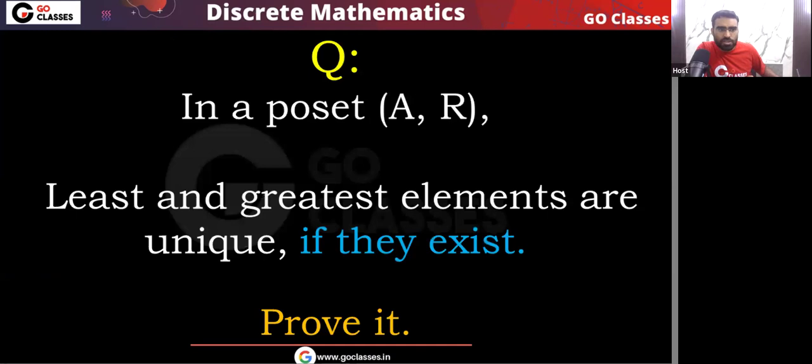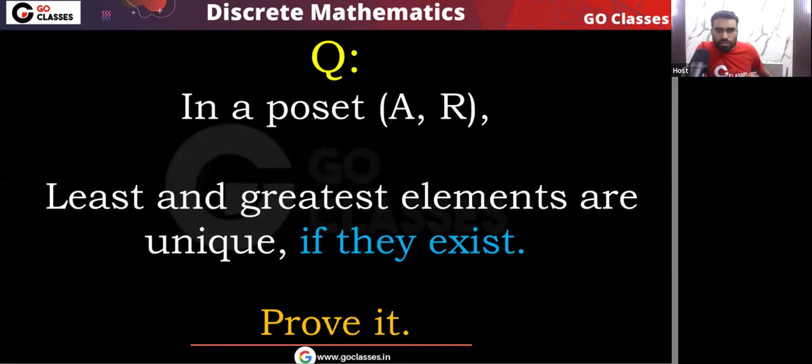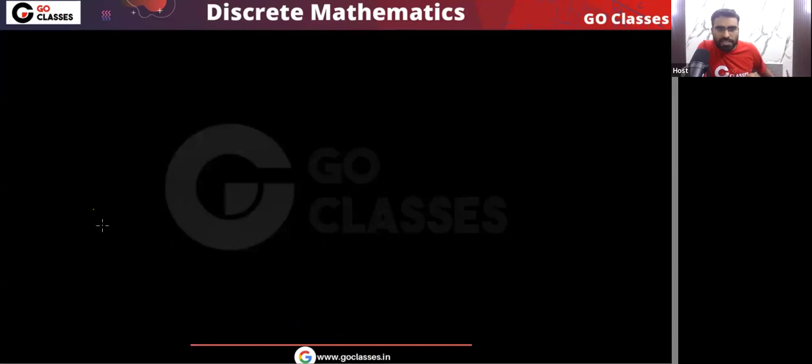Tell me the answer for this question. In a POSET, can we have more than one maximal elements? Tell me. In a POSET, can you have more than one maximal elements? Yes, more than one maximal elements can be there. Yes or no? Okay.